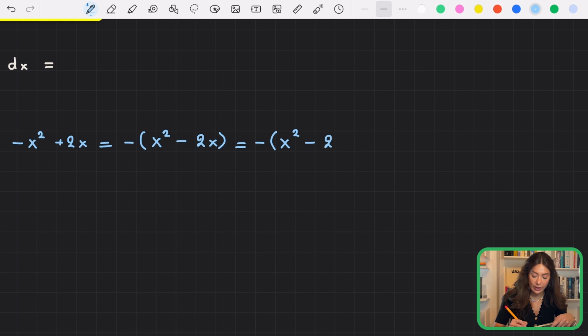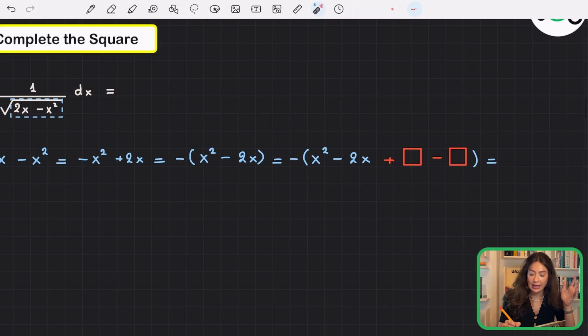I'm going to write this as a perfect square, kind of, in that type of a way so that it's easy for me. And here, I'm trying to make it look exactly like somebody's square so that I can think of which number would I add here, and I obviously have to subtract the same number, otherwise I have violated laws of math, right?